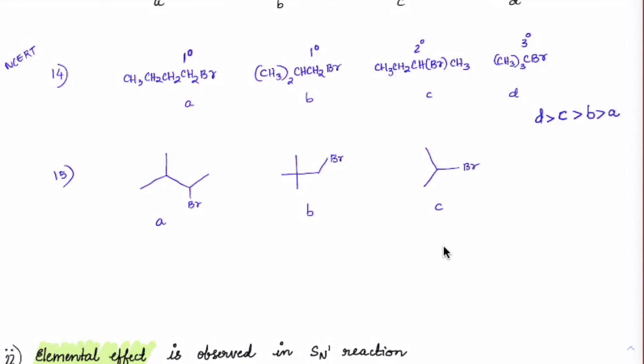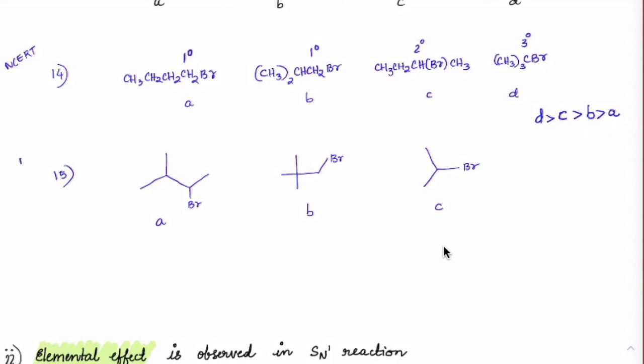Although you might think that the first carbocation will be more stable because it will have two hyperconjugated hydrogens, while this has only one hyperconjugated hydrogen, correct? That's again a relative debate, so that's why it is an experimental value. Please take this because it is from NCERT directly, so you have to remember it. So D, C, B, A will be the order. DC is pretty simple. It is debatable between B and A, but B is better than A.